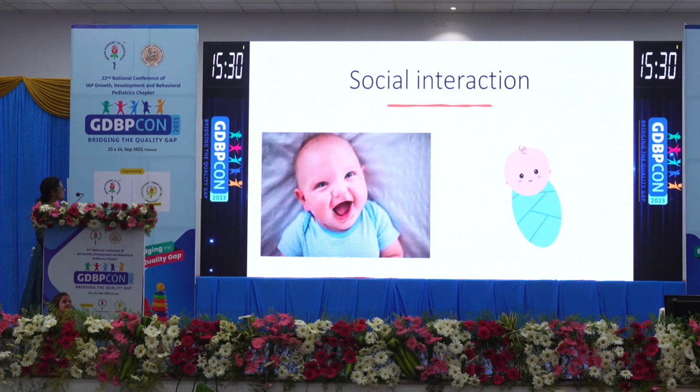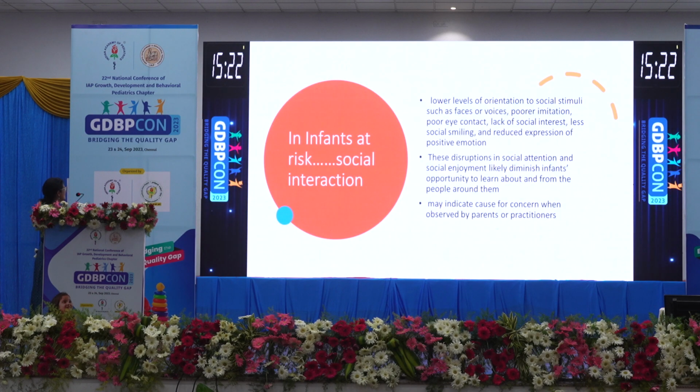Okay, so that is the picture of the baby when it's born, and this is what every mother really waits to look at. So in infants at risk, I'm going to concentrate mainly on the first year of life and second year of life.